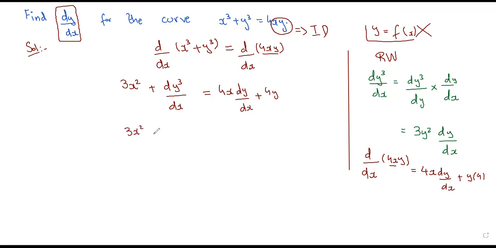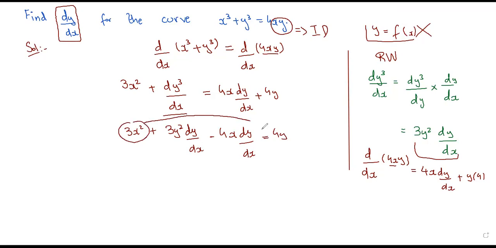3x squared plus 3y squared dy by dx. Now I'll take this to this side because I want to separate dy by dx. Minus 4x dy by dx equals 4y, and I'll be taking 3x squared to that side because I need to isolate dy by dx. Why?